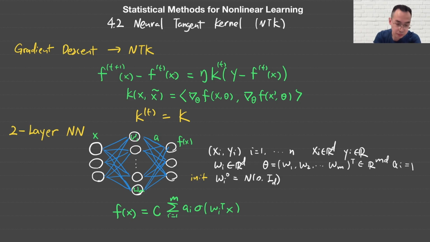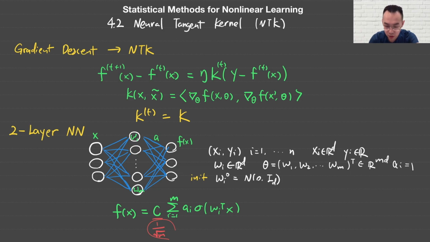So we actually want to set this c to be on the order of 1 over square root of m. That is something we're going to show with algebra later on. The result of this factor is that our neural network will stay very close to the initialization point, so the weights don't change much during the training.